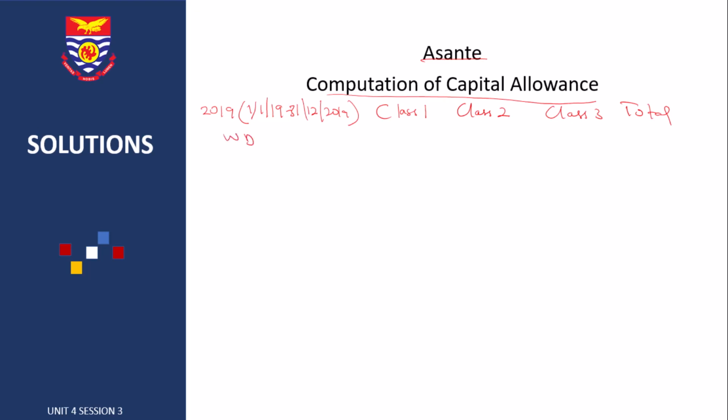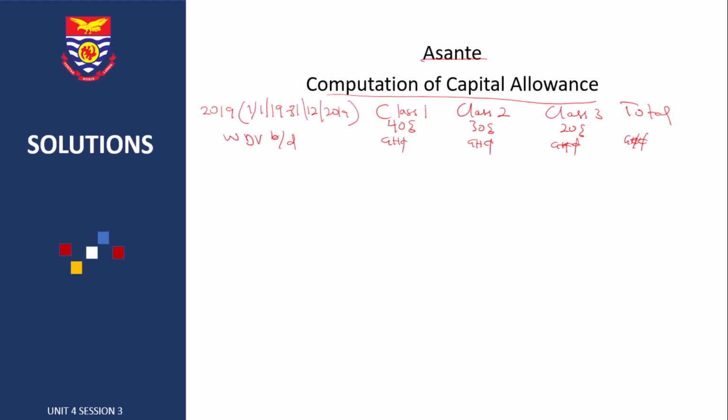Written down value brought down. Let's put the rate here. So class 1 we have 40%, class 2 30%, class 3 20%. And we also have to show Ghana cedis. So written down value brought down.